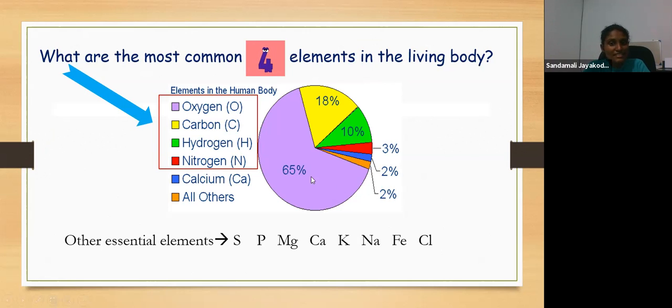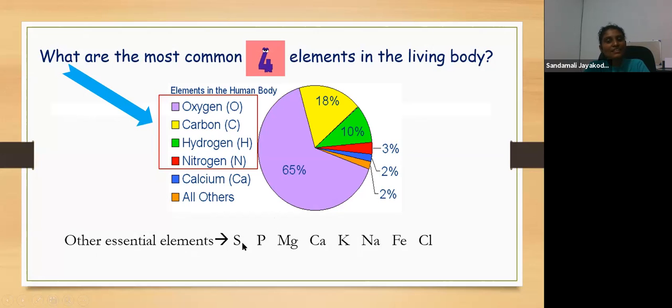As a percentage, oxygen has the highest amount. It is 65% of the human body weight. Then it is carbon, and after that hydrogen, which is 10%. And finally, nitrogen is 3%.